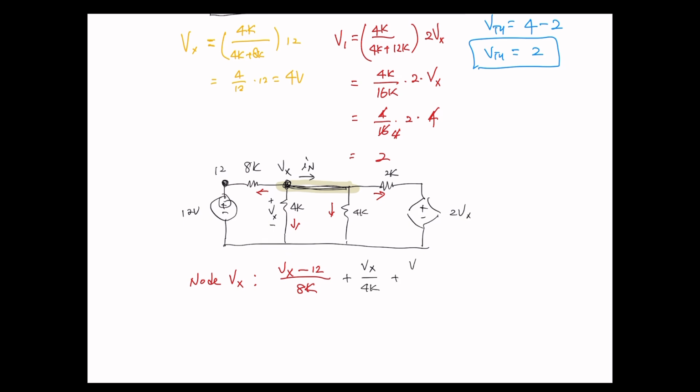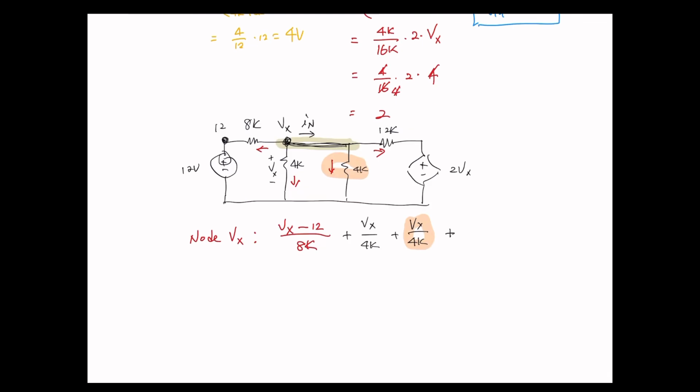We have another Vx over 4K, and plus the 12K on the top one. For this current, we have Vx, and this node is positive 2Vx, so 2Vx minus Vx over 12K.